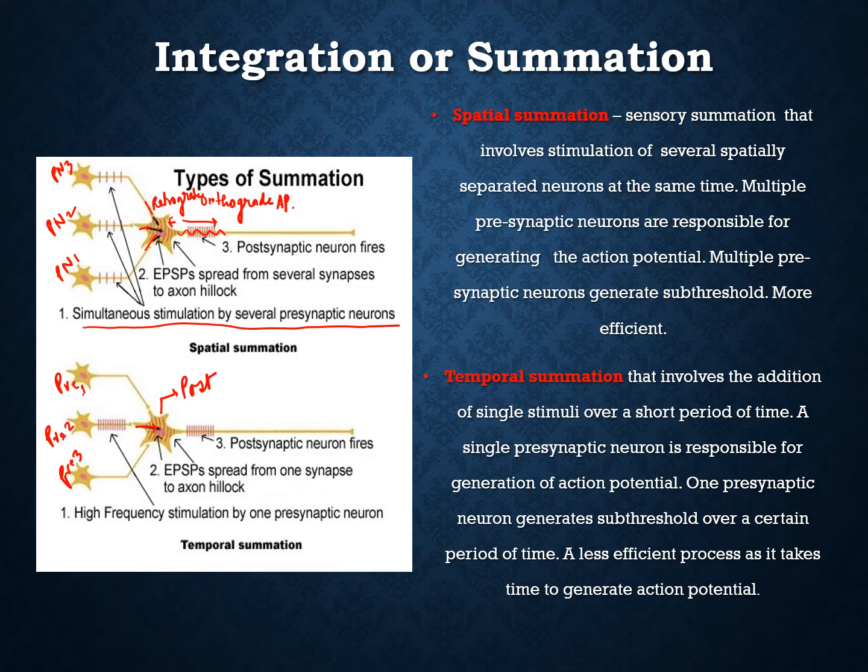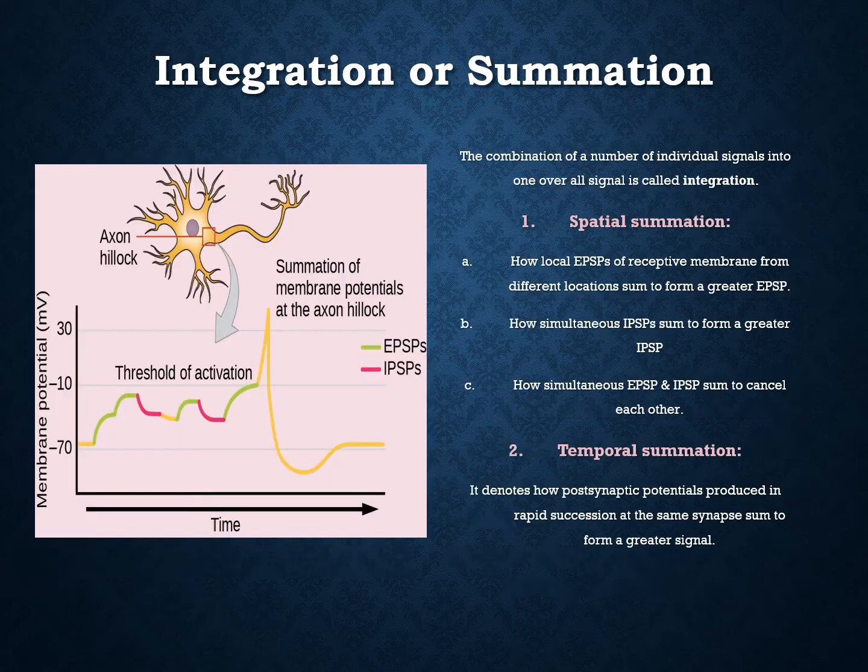So here, high frequency stimulation by one presynaptic neuron causes EPSPs to spread from one synapse to the axon hillock, and the postsynaptic neuron fires. One signal at a time reaches from one particular presynaptic neuron. This is the main important point.